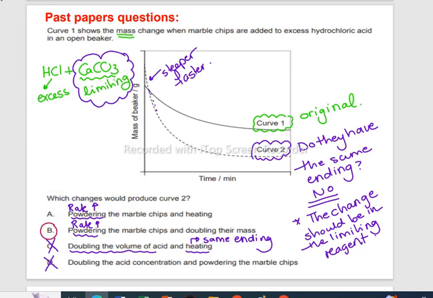And if you look at the beginning part right here, you're going to find that curve 1 and 2 do not start at the same point, and this makes sense since you are not using the same mass. If you double the mass, and in this experiment the flask is on the balance, the beginning mass taken will be affected.